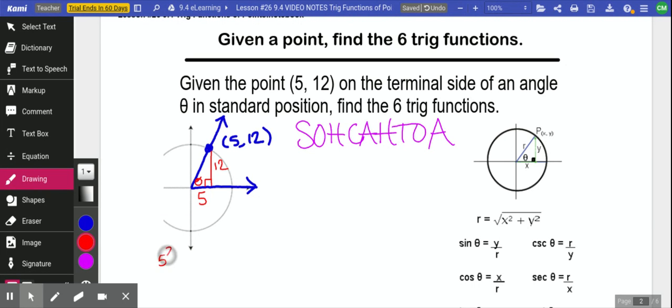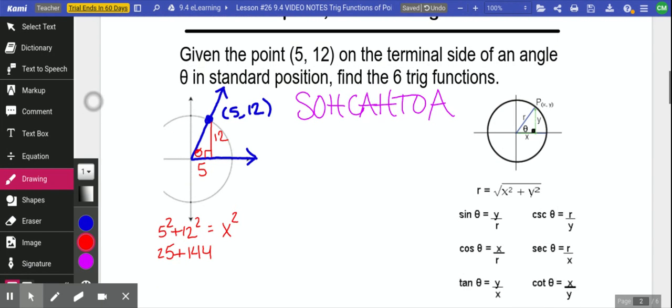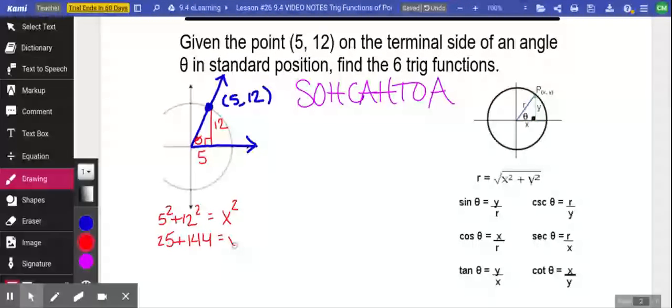So 5 squared plus 12 squared equals x squared. Unless you already know one of your Pythagorean triples, but let's do it anyway. This is 25 plus 144 is x squared. That is 169 is x squared, so x is 13. So the length of this side is 13.